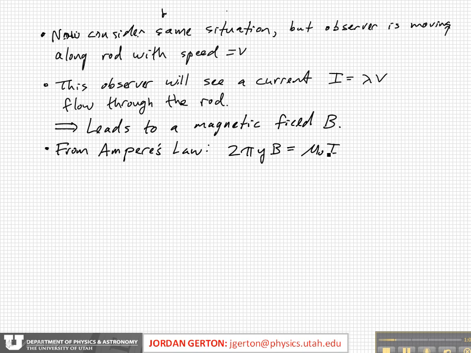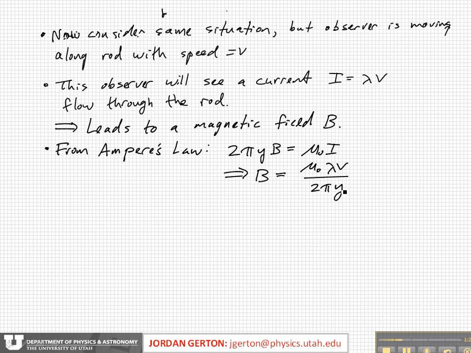I is the current, and therefore we just solve for the magnetic field. We're just doing algebra. B is equal to the charge density times the velocity, which is the current, divided by 2 pi times the distance y.